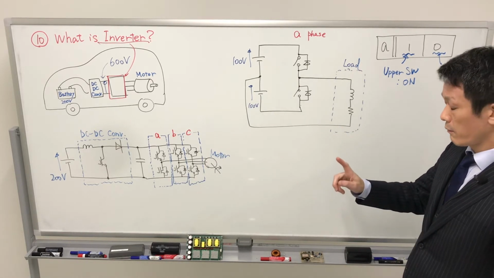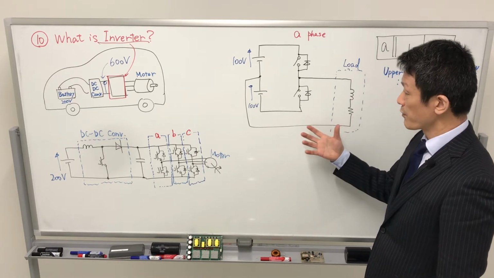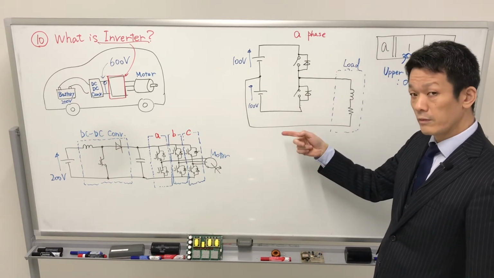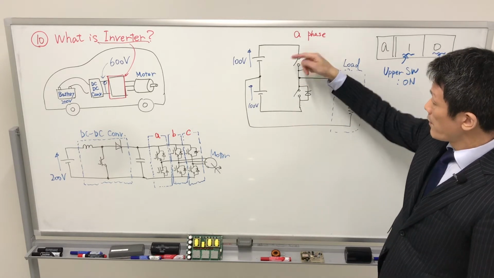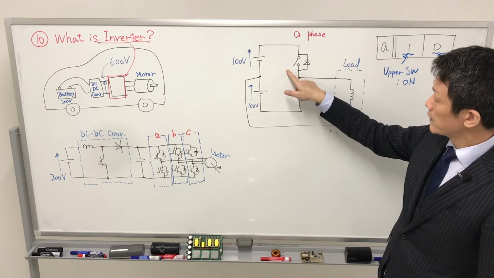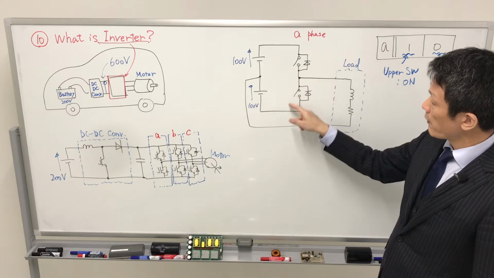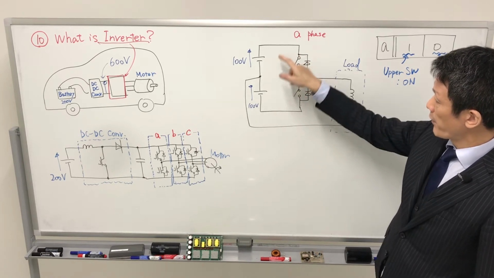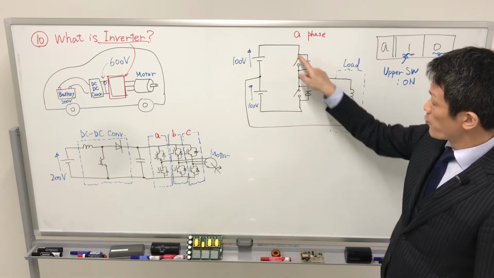Why are there no other switching patterns? The both-on pattern is very dangerous because of the short circuit. That means the short circuit, so a nearly infinite, very huge current flows through this loop.